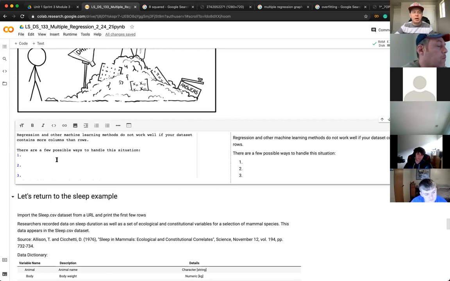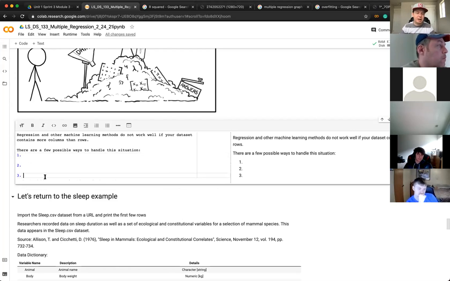So what we're going to do, this is, by the way, a rule of thumb that I'll say is try and have at least 5 times as many rows of data as you have columns of data. 5 times as many rows of data as columns of data. Now that's a general rule of thumb. It's not a perfect rule, but that is one big way to avoid this.